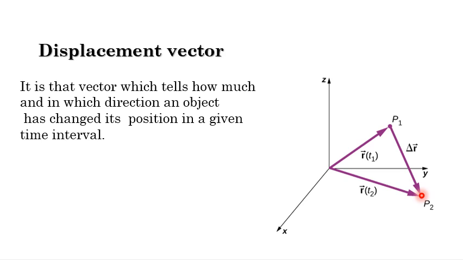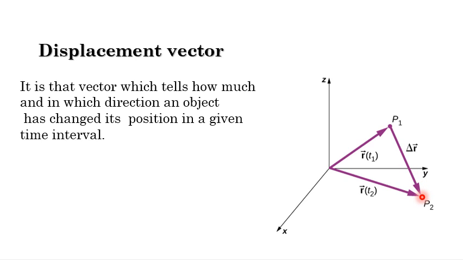Now the displacement vector generally tells us how much the body has moved. It has moved from P1 to P2, and in which direction it has moved. It has moved in this direction, and in which time interval. It has moved from t1 to t2. Fine. So under the time interval t1 to t2, this vector, can you see?